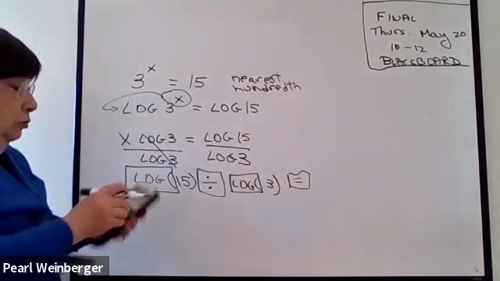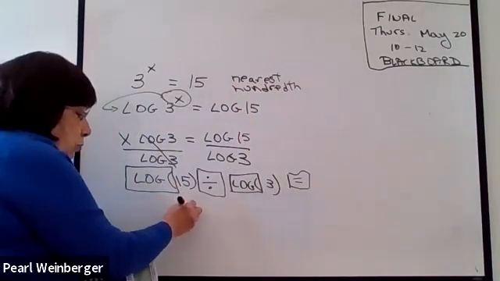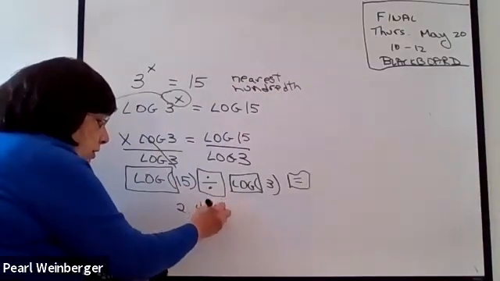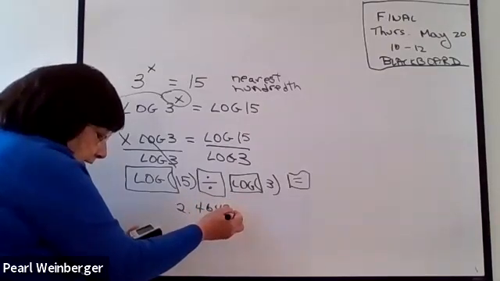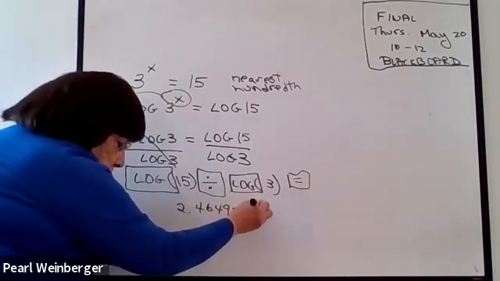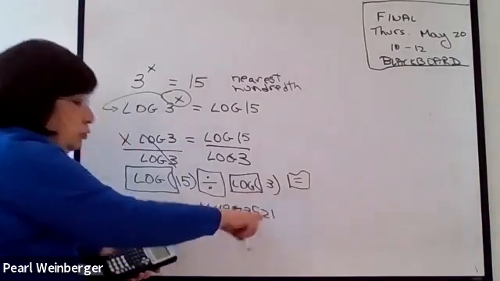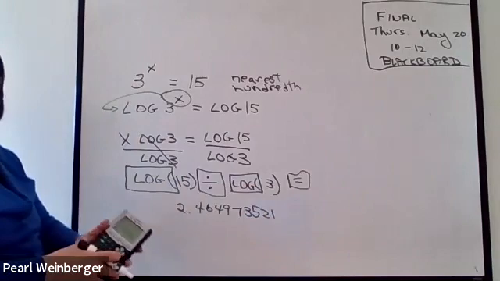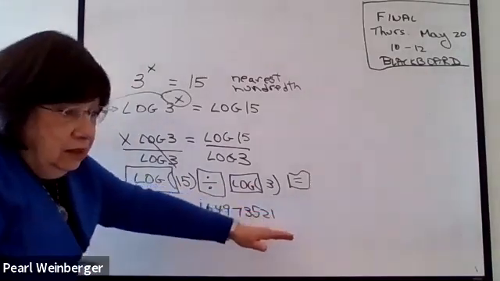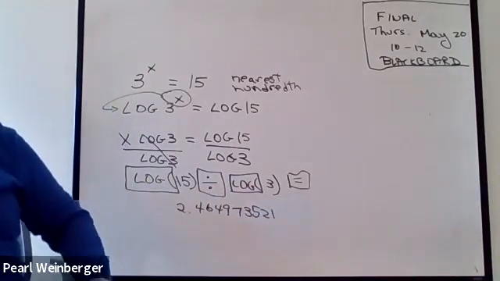What you have to do, and here's what I got, 2.4649 73521. I'm writing the whole thing that I got here. Now this really is not the end of it. It keeps going on and on and on. This is an irrational number. It's a non-ending, non-repeating decimal.